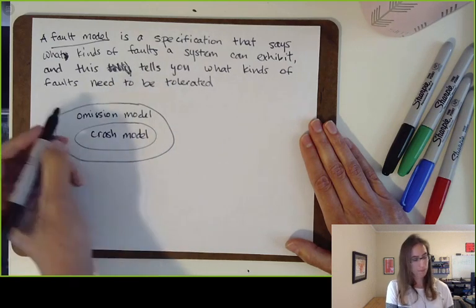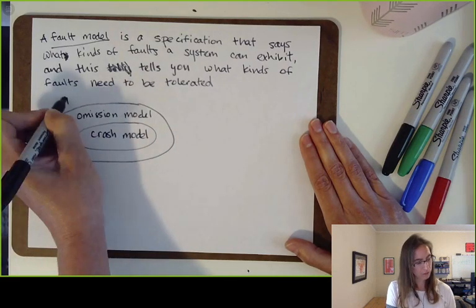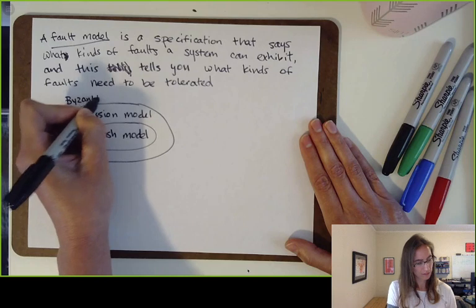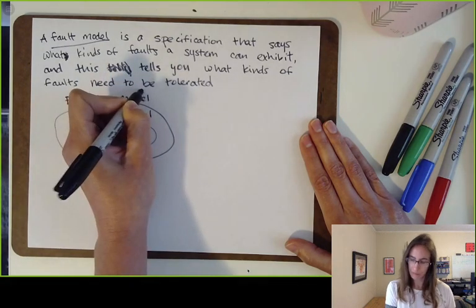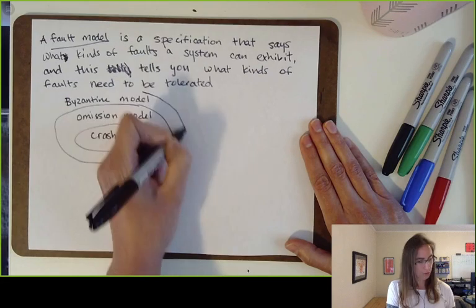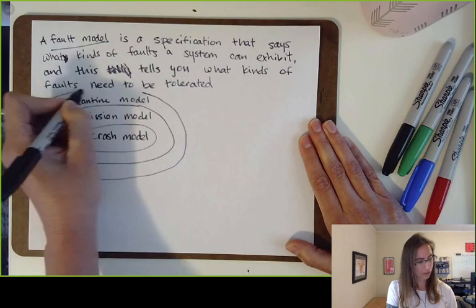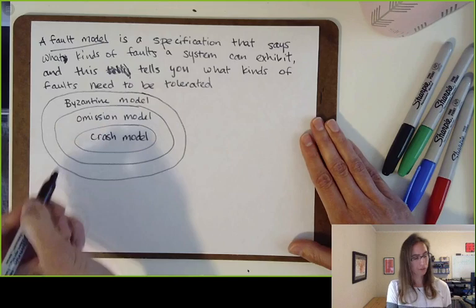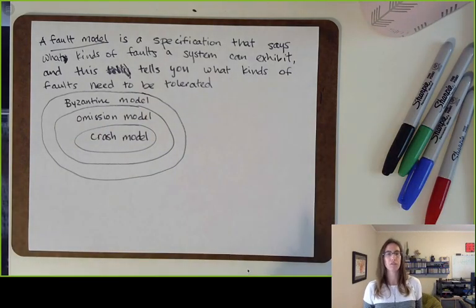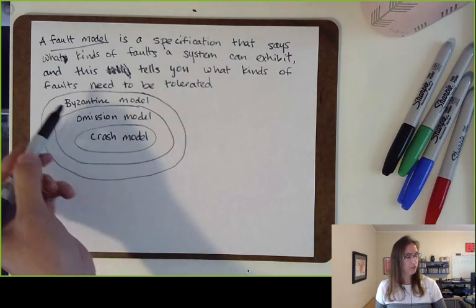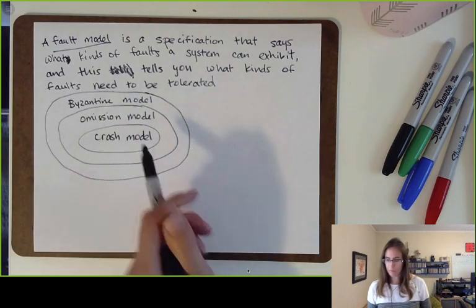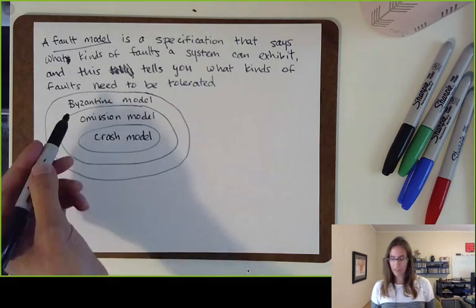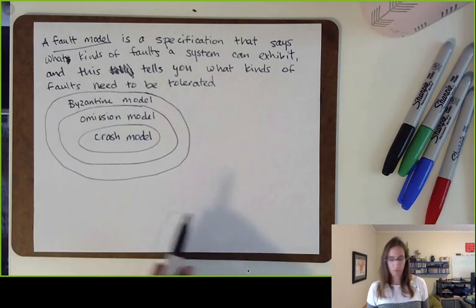And if you're assuming the Byzantine fault model, you have to be tolerant of Byzantine faults and all those other kinds. So fault models are nested, just like classes of faults are. And as you move outward in this circle, the models get less and less forgiving because more and more bad things can happen in these models as we move outwards.